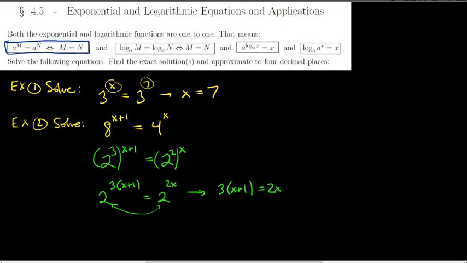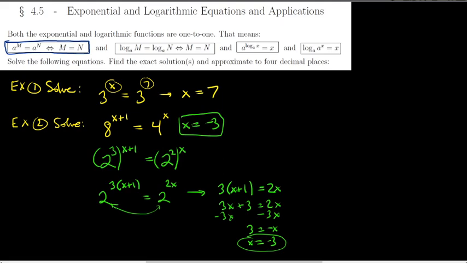You know how to solve this. This is just 3x plus 3 equals 2x. So you can subtract the 3x from both sides, and you get 3 is equal to negative x, or x is equal to negative 3. So that's the solution to this. x equals negative 3.